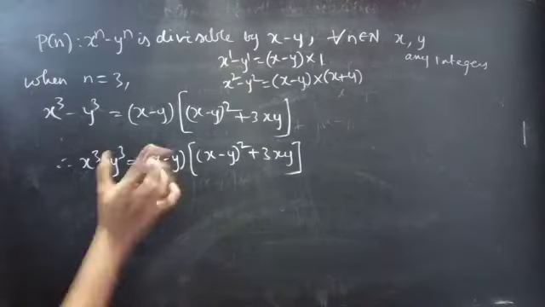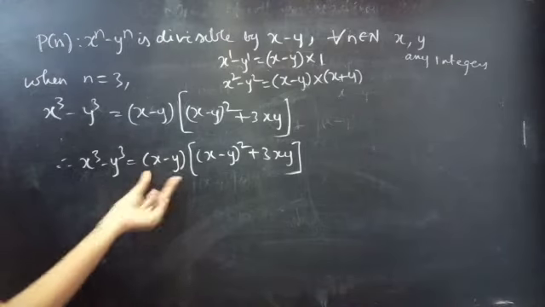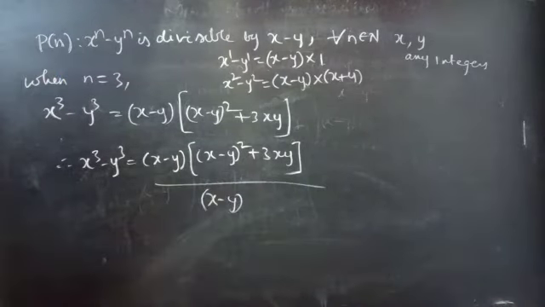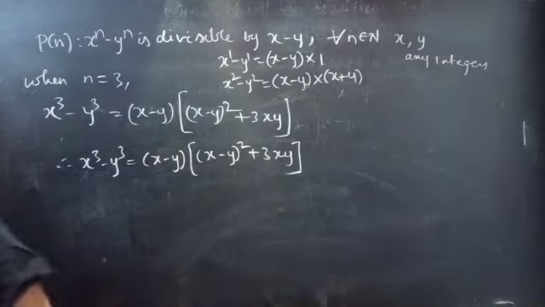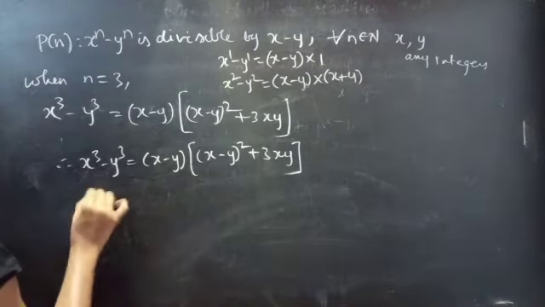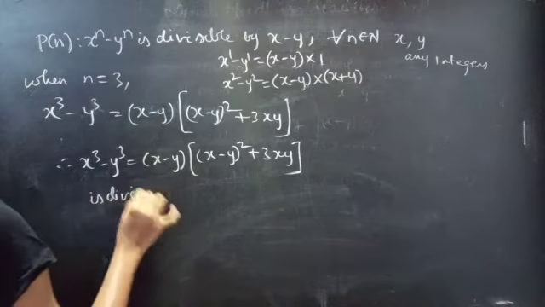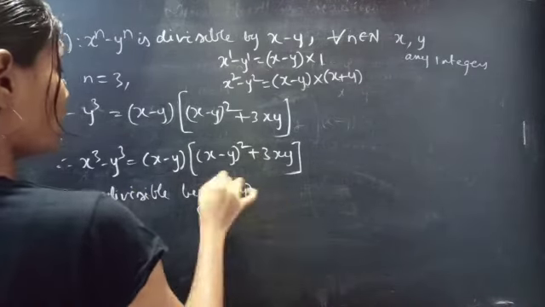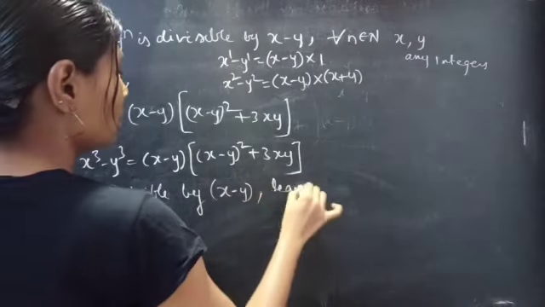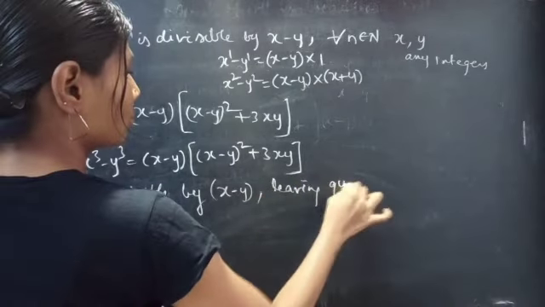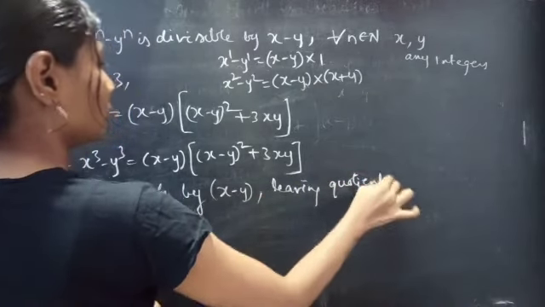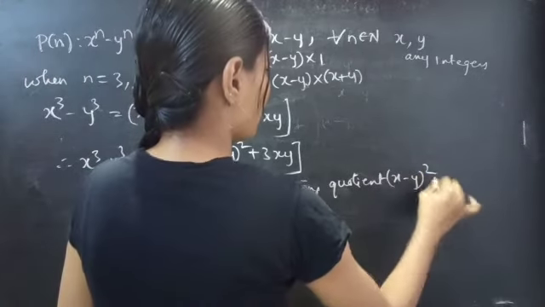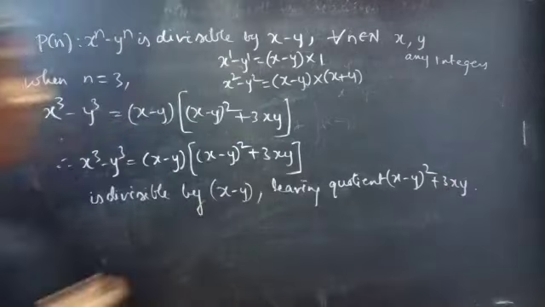By saying this, we can say that it is a multiple of x minus y, and also it is divisible by x minus y, leaving quotient (x minus y) whole square plus 3xy, right?